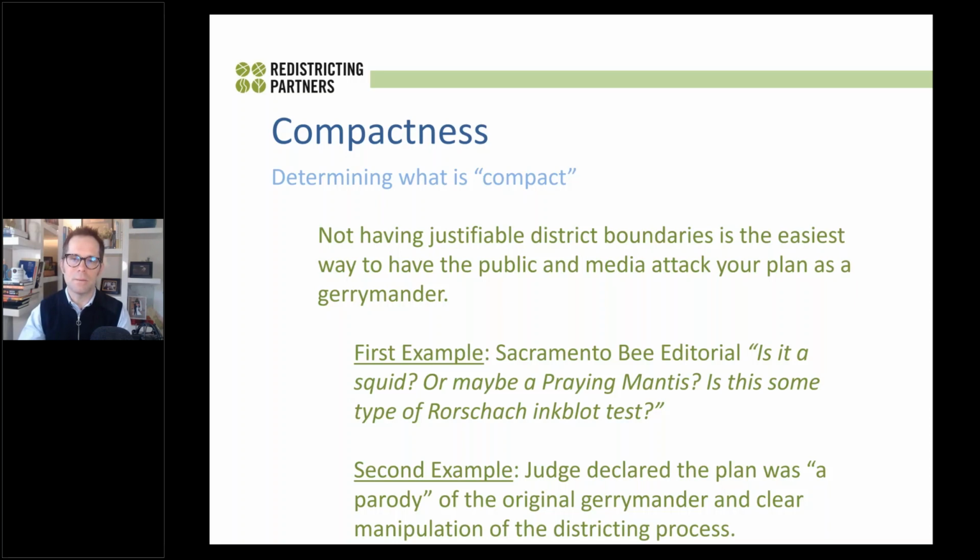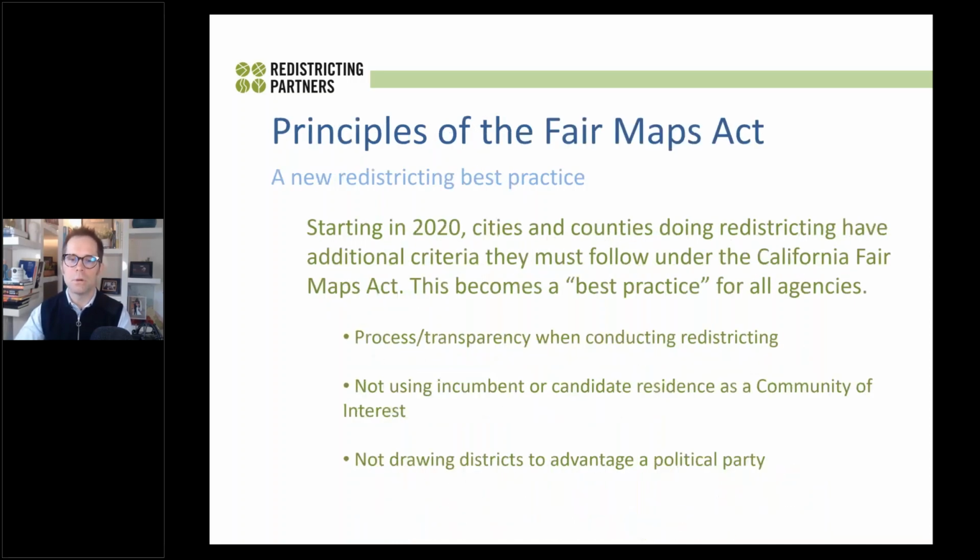In the second example, it wasn't just the editor of the Sacramento Bee complaining, it was a judge who decried that it was a parody of the original gerrymander. And both of these redistrictings did hold up to challenges, but that was before the law was changed. And in part, the law was changed because of these two redistrictings.